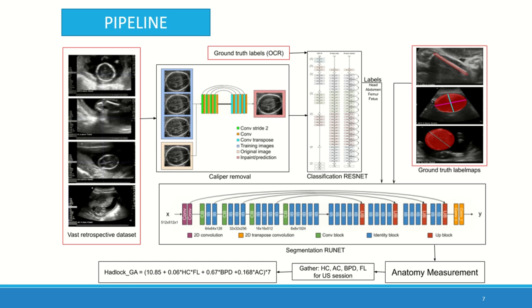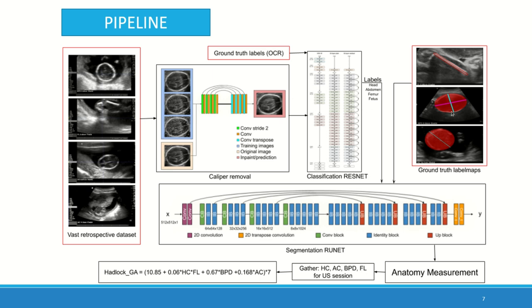So this is an overview of our pipeline. I will talk about the images that we have in our dataset. Then I will talk about our caliper removal technique, which will basically take as input any type of these images and produce a raw ultrasound. Then this image is classified into their respective category.